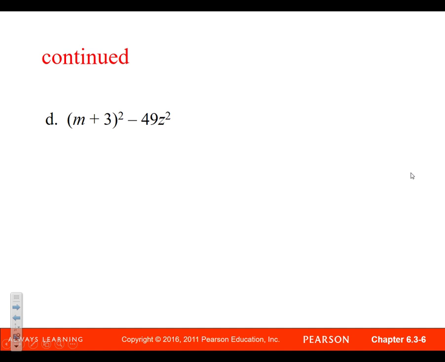Who's got this one? This one's going to be a little weird because it's going to look like it factored into two trinomials. How many people got two trinomials? It's going to look like this: m plus 3 plus 7z, m plus 3 minus 7z.